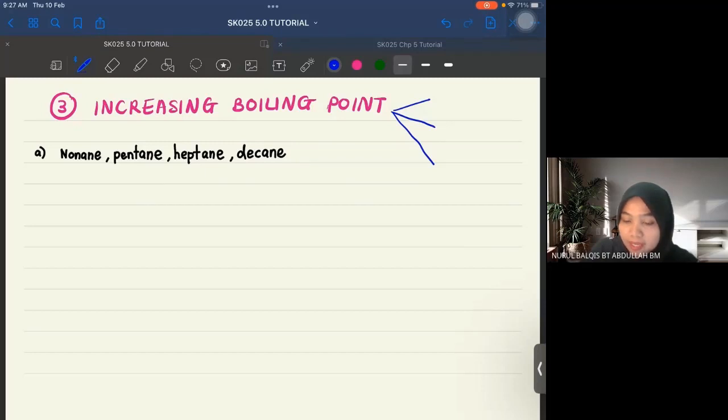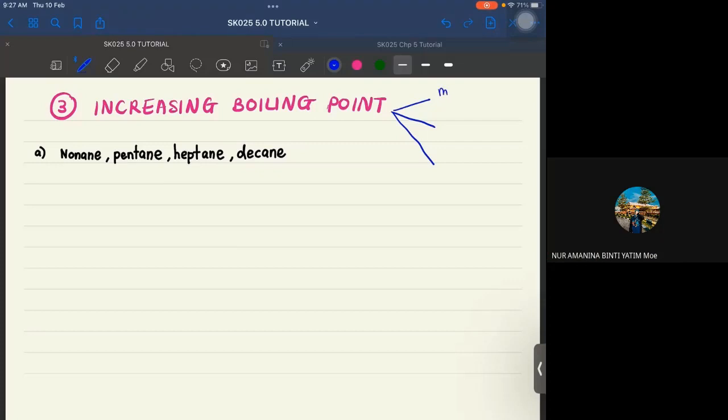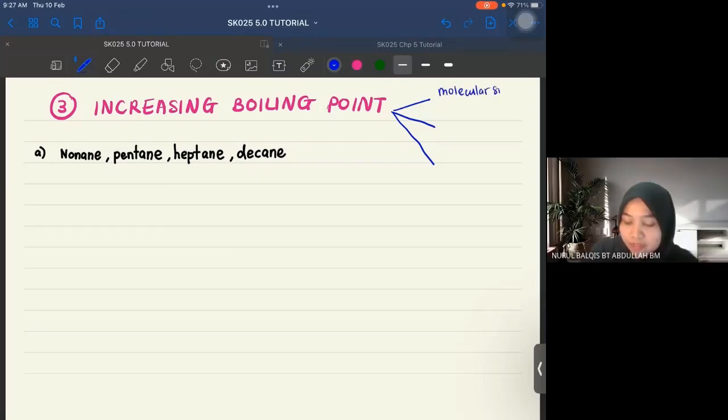What is the first one? Surface area. Molecular size. Molecular size dulu. Surface area tu betul, tapi dia punya main thing adalah molecular size. Daripada molecular size baru tahu surface area besar ke tak. Tu maksud dia. Surface area semua benda kita cakap pasal surface area.